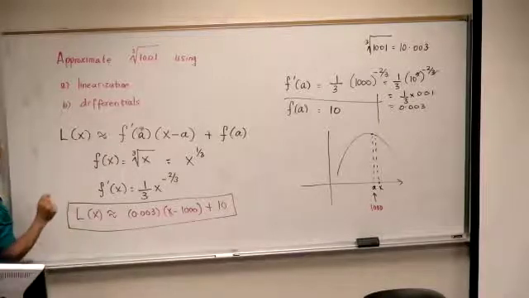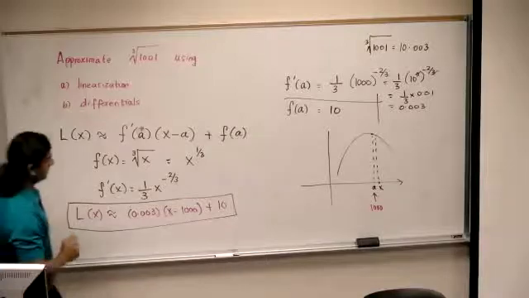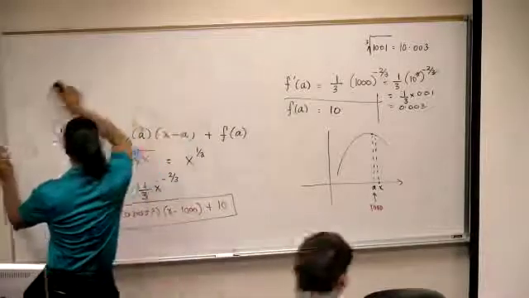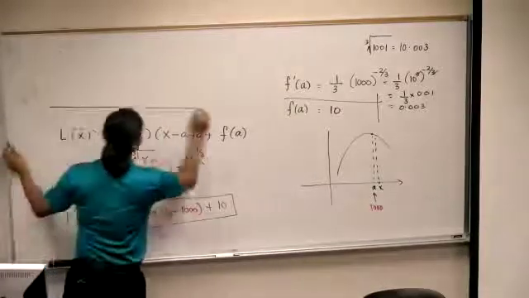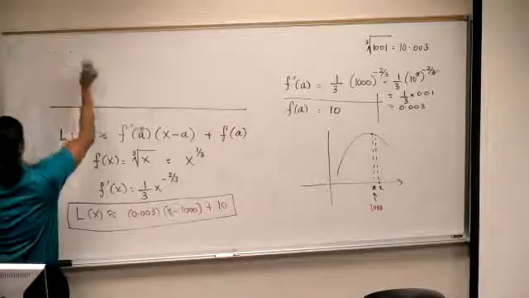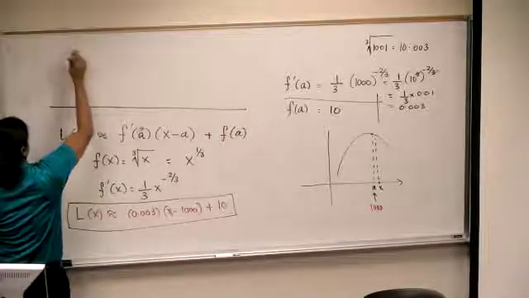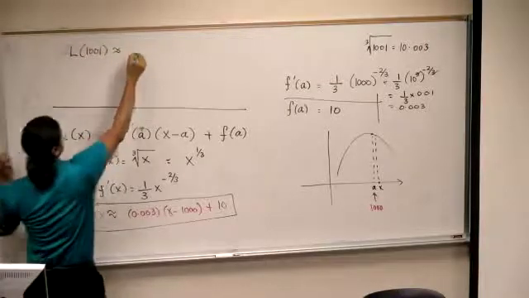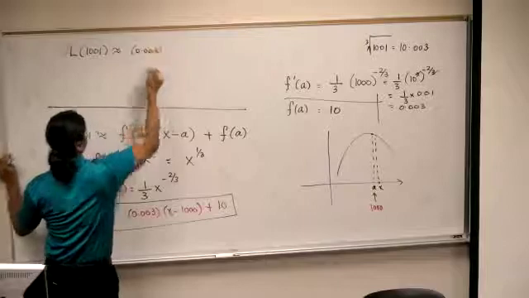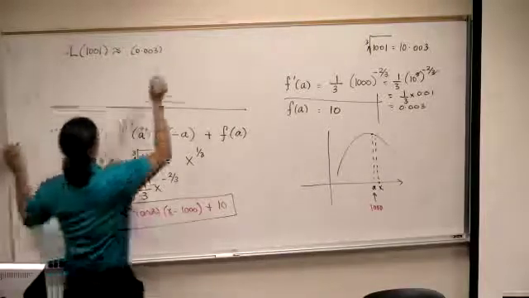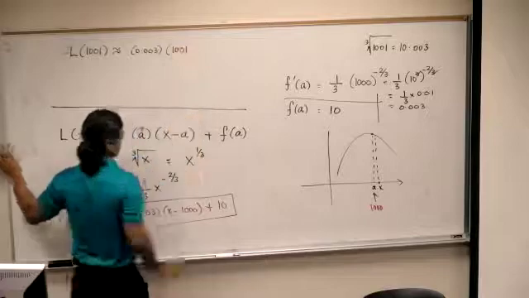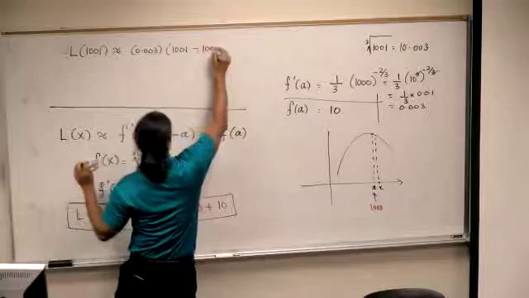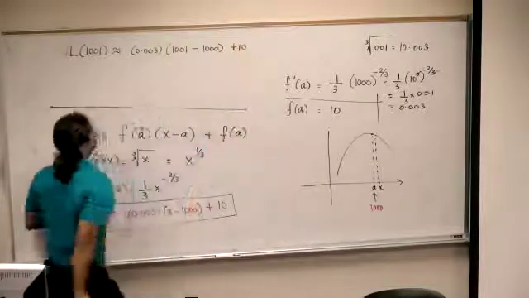So if I plug in 1001 in there, I get 0.003 multiplied by 1001 minus 1,000, plus 10.